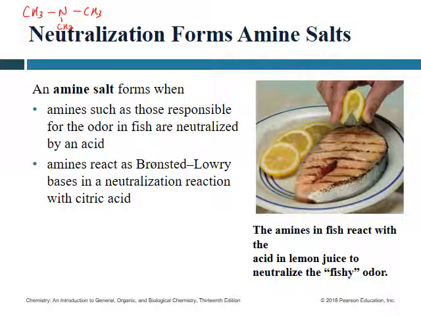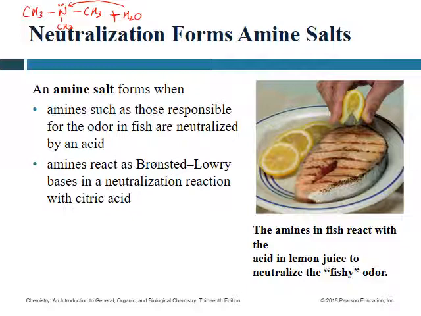What I did here is replace all the hydrogens in ammonia with methyl groups, but this still has only 3 bonds. Whenever nitrogen has 3 bonds, it means it has one lone pair. So even this, if you put it in water, will still accept one more proton because it has a lone pair.